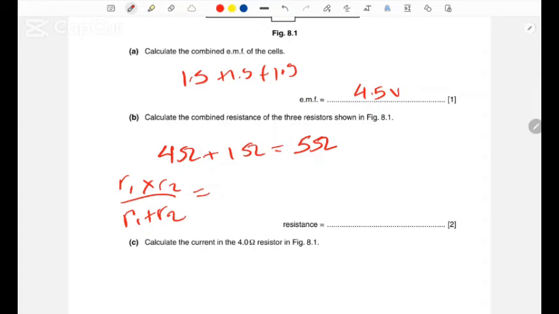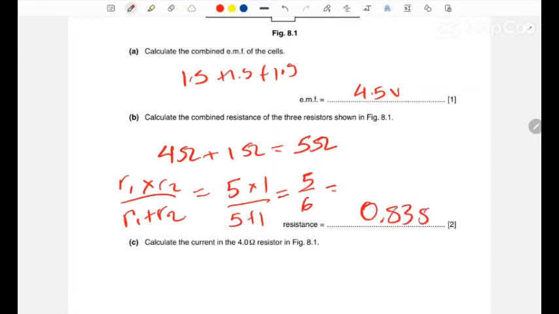That would give us 5 times 1 over 5 plus 1. So this is actually 5 over 6, which gives us 0.83 ohms.